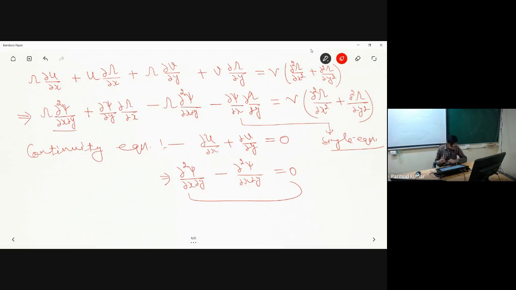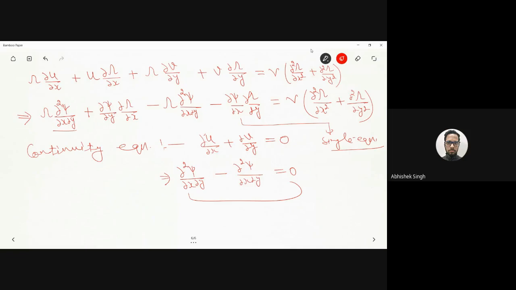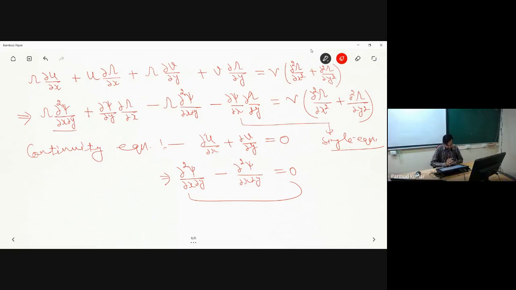But here we have one biggest limitation of this particular method. Can you tell me what is the limitation? Any limitation? Pressure cannot be... Yeah, pressure cannot be.